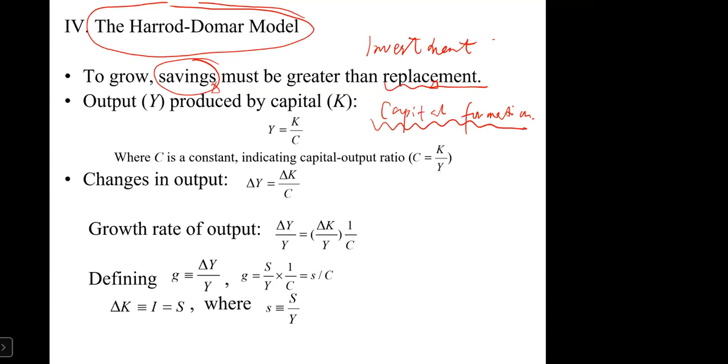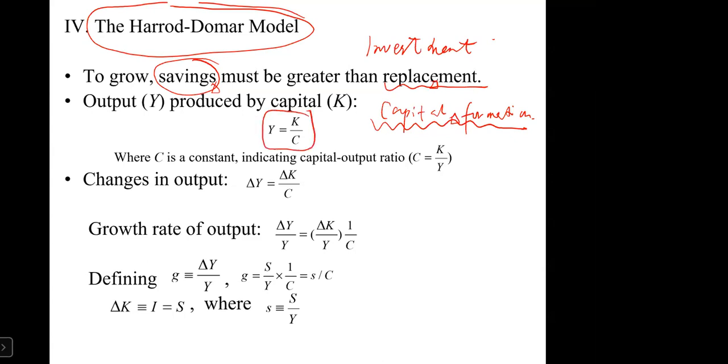So we have this capital formation, and then the physical capital is going to grow. With more physical capital, we can produce more, and so the output is going to grow. That's how we generate economic growth. So this is the insight. To expand the theory, the starting point is this equation.